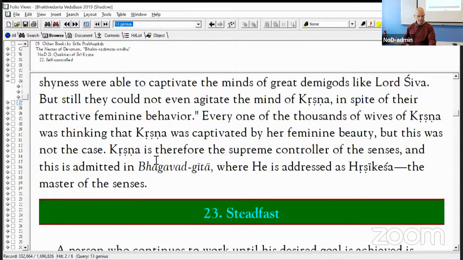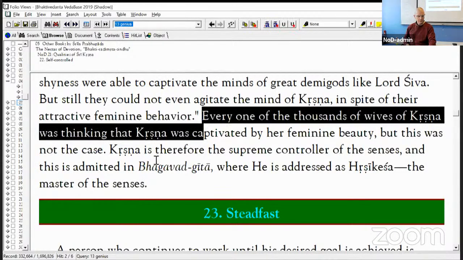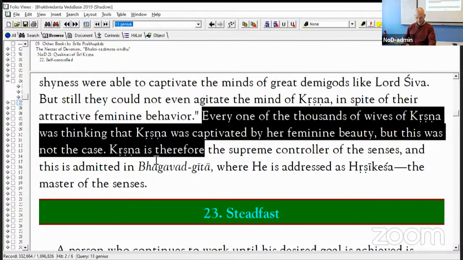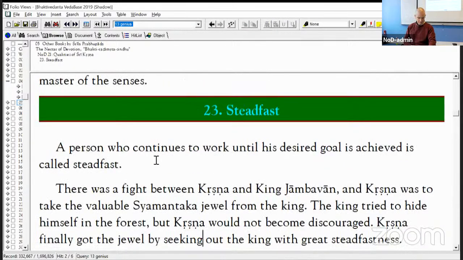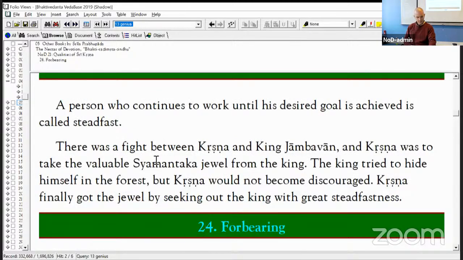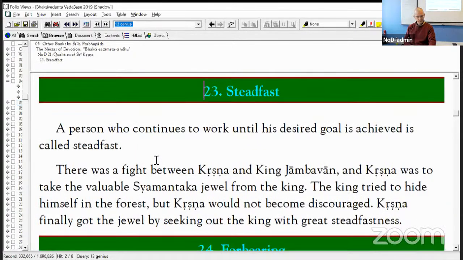Every one of the thousands of wives of Krishna was thinking that Krishna was captivated by her feminine beauty, but this was not the case. So combining these 2 opposites is the art that Krishna is able to show in perfection.